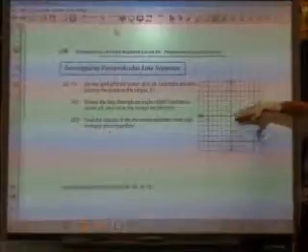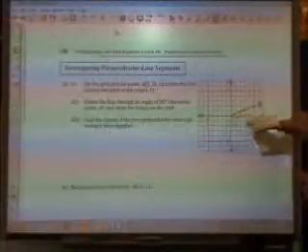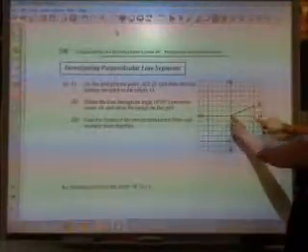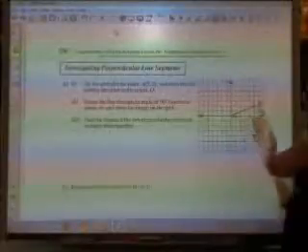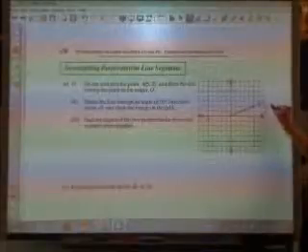Now, if I rotate this line 90 degrees clockwise about the origin, which means that becomes my anchor point, where would point A go to? So this was at 5 and 2.